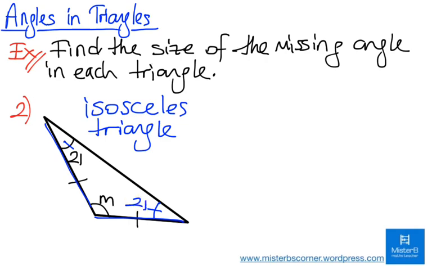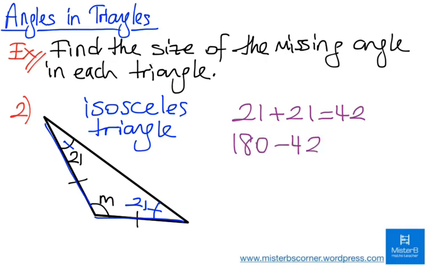So this is 21. Now I know these two angles. So I can go like 21 plus 21, which is 42. Or maybe you can multiply 21 by 2, that's also fine. And then you can take away the sum from 180, only to find 138 for the size of the missing angle.